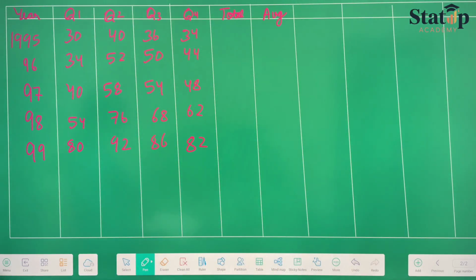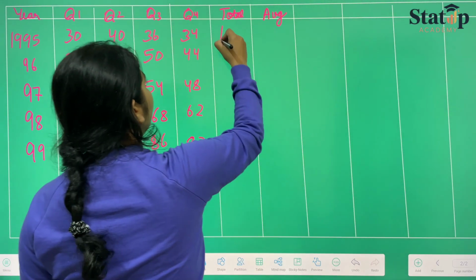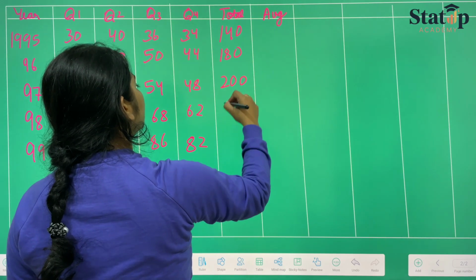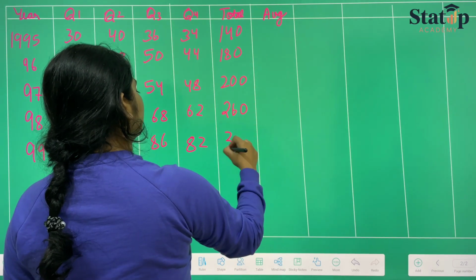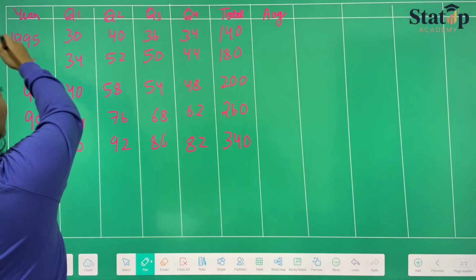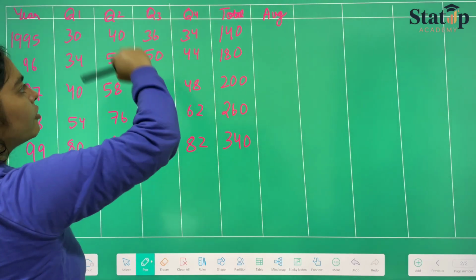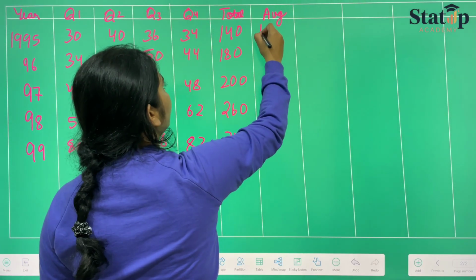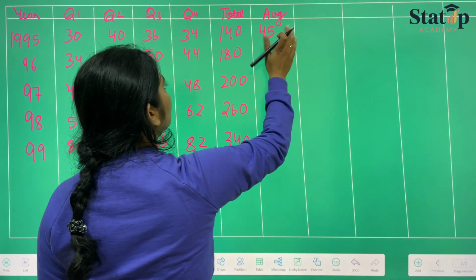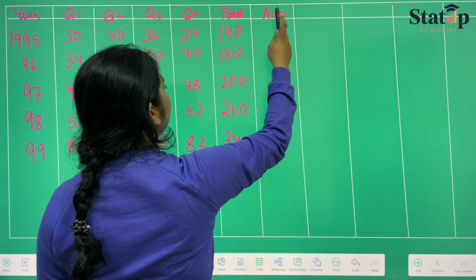The totals are 140, 180, 200, 260, 340. And if we divide this by 4, because each has 4 quarters, the average would be 35.